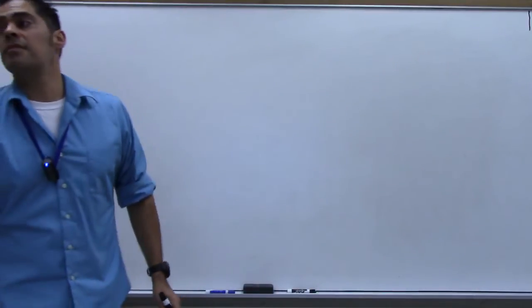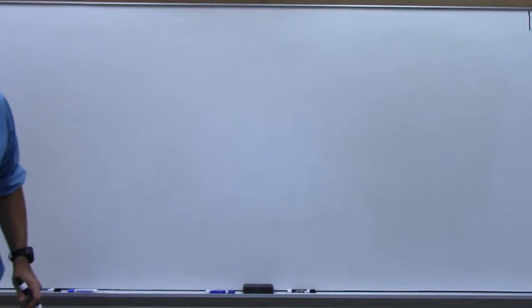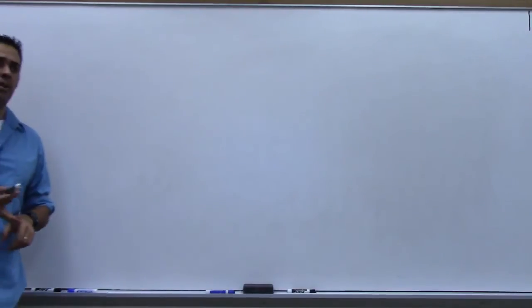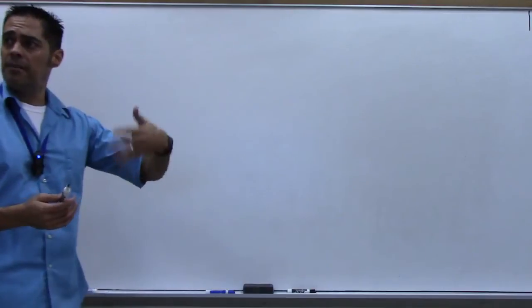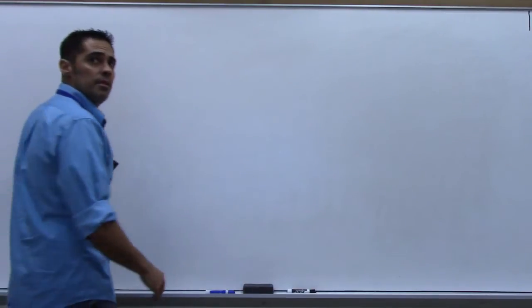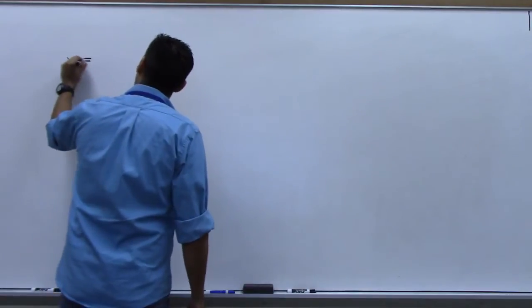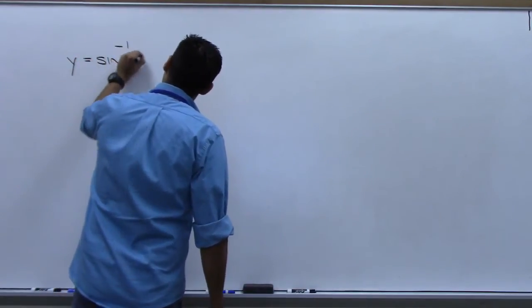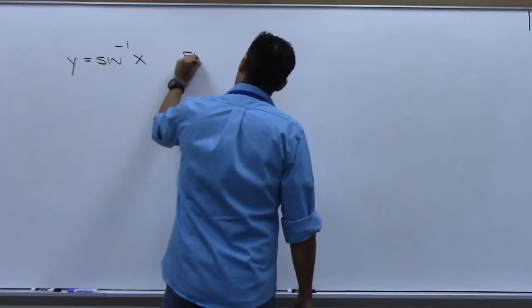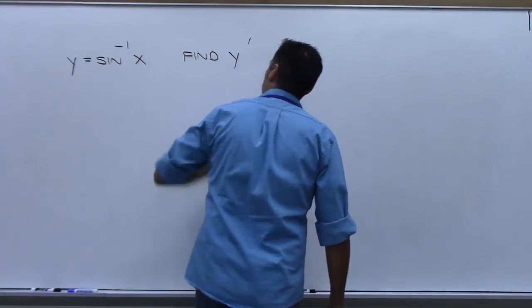To do this, we will have to use a couple of things from the past: reference triangles and implicit differentiation, which is why I gave you that warm-up. So let's try and find, I'm doing example 2 here, if y is equal to the inverse sine of x, I want us to find y prime.